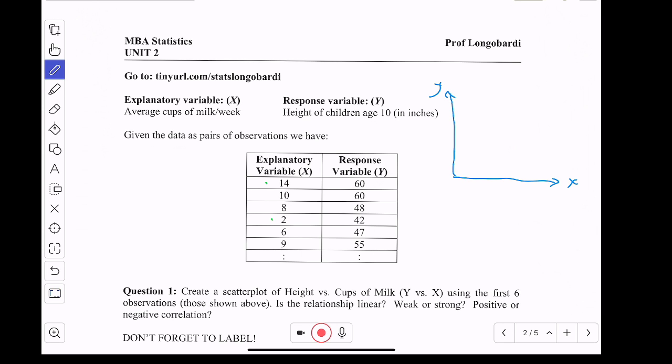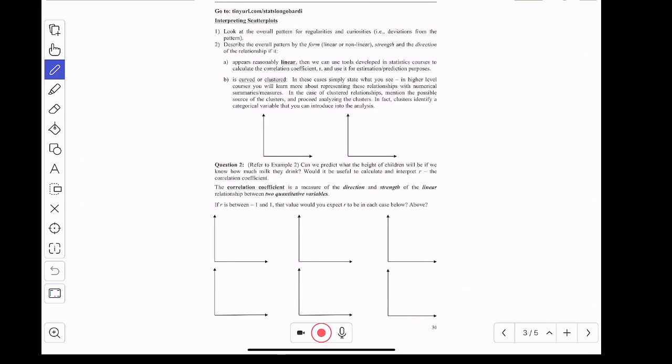So in this space, if this was 15, and then this is 5 and 10.